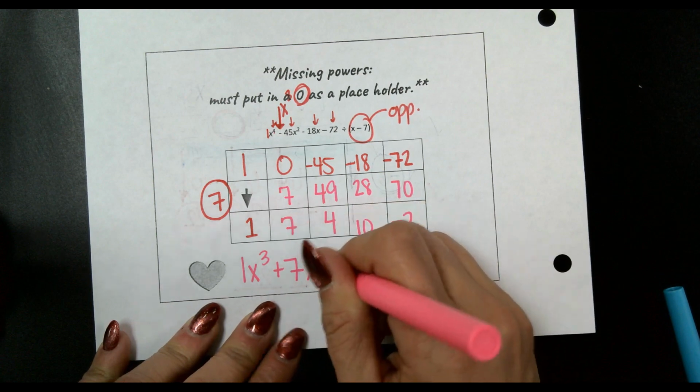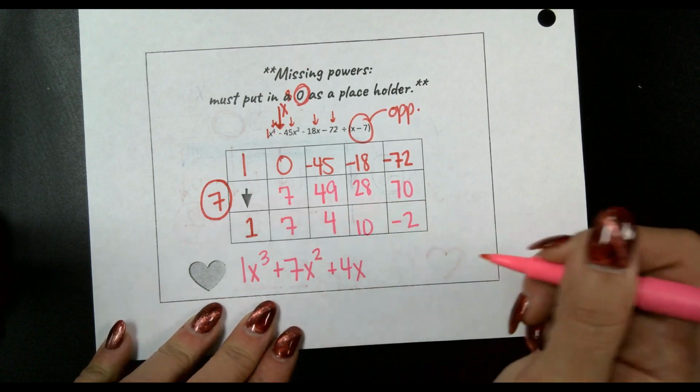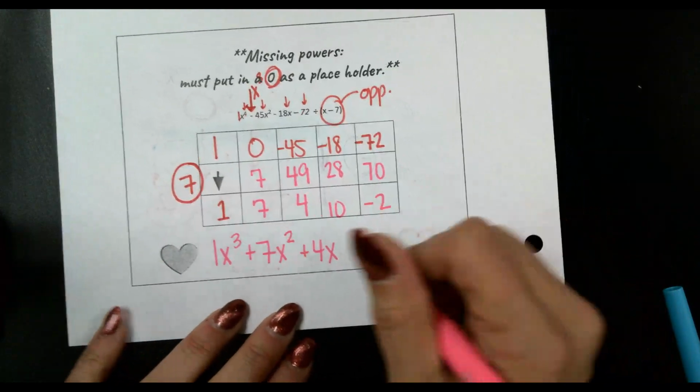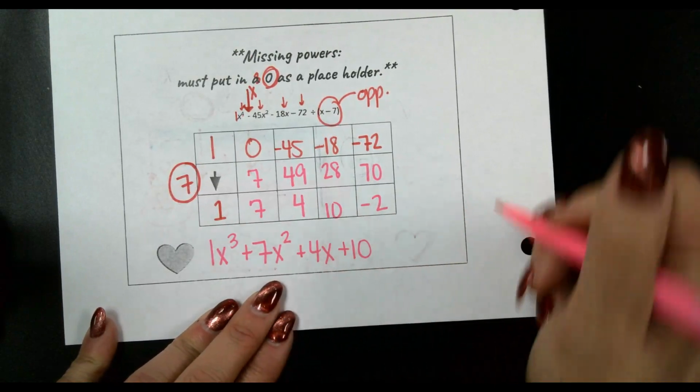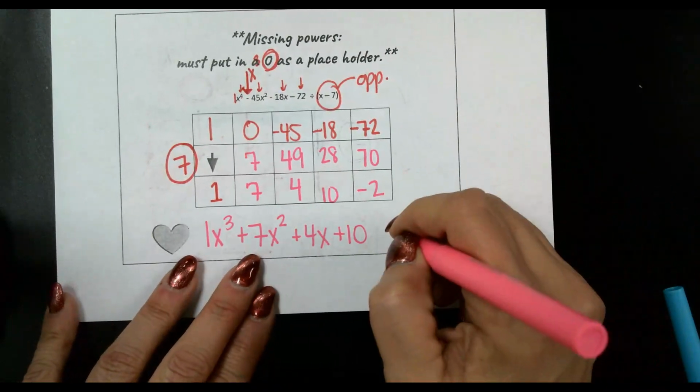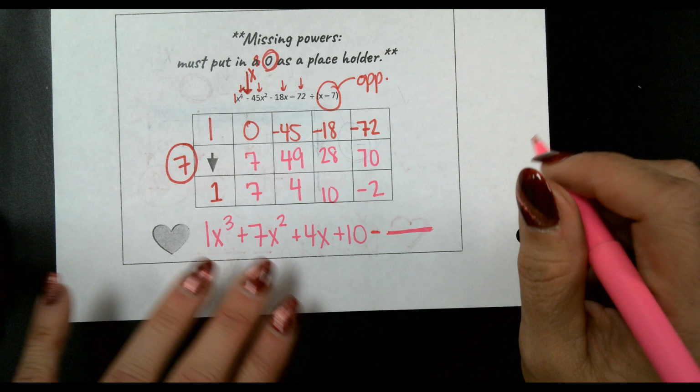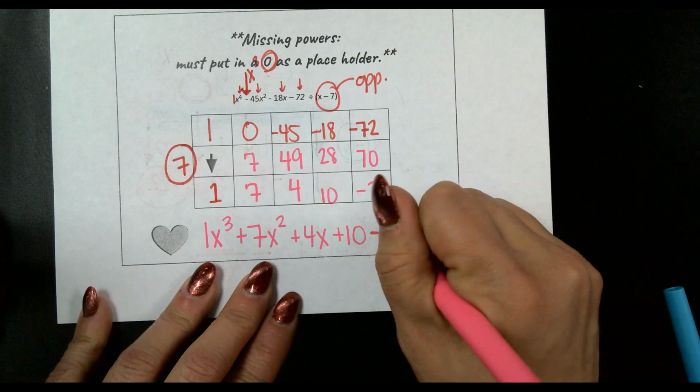Squared. Plus 4x, just x, right? Plus 10, which is my constant. And now we've got the remainder. So since the remainder is negative, if it had been positive, I'd have a plus sign there. 2 up top, x minus 7 on the bottom.